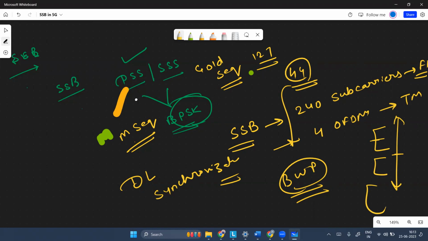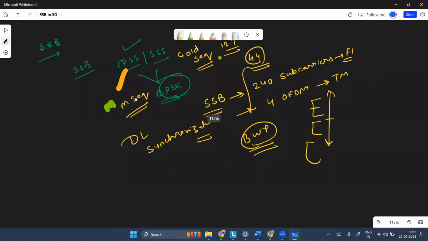So going forward, the periodicity of SSB could be 5 millisecond or 10 millisecond or 20, 40, 80, 160. But most commonly used is 20. Okay.